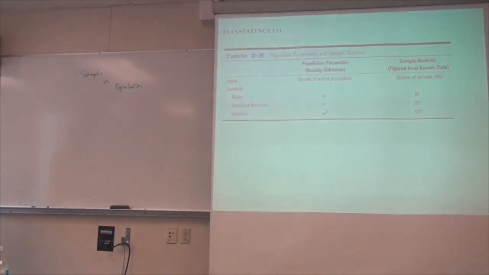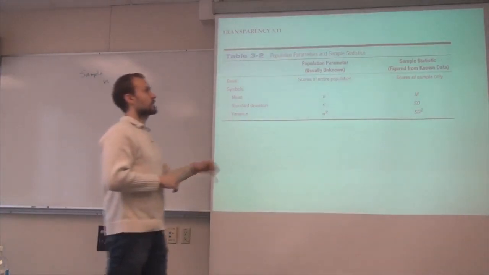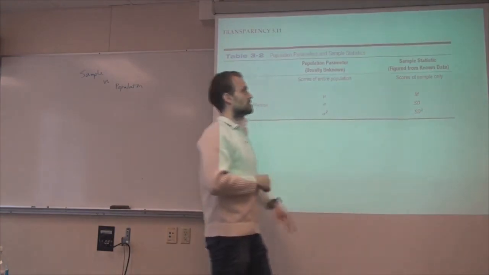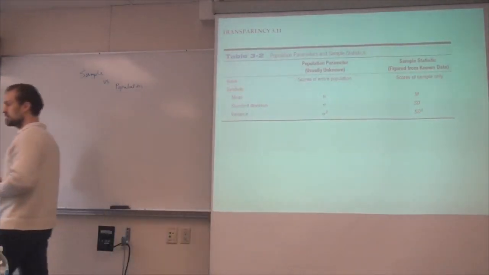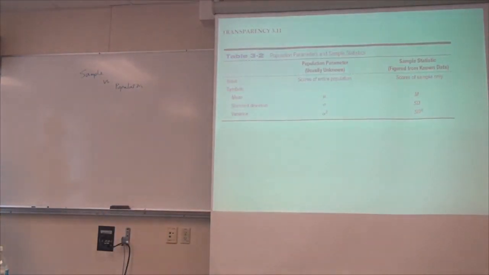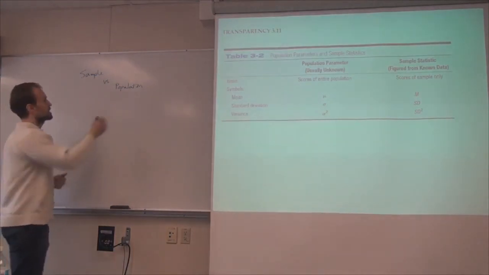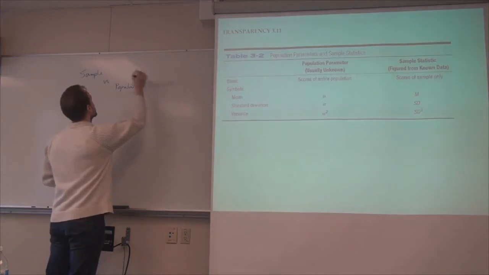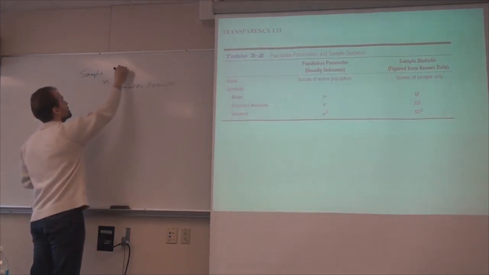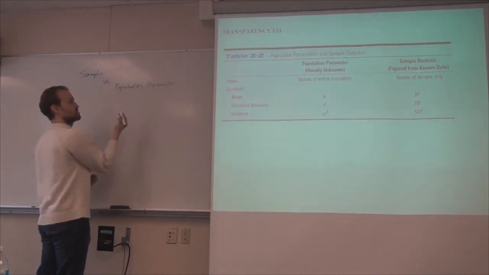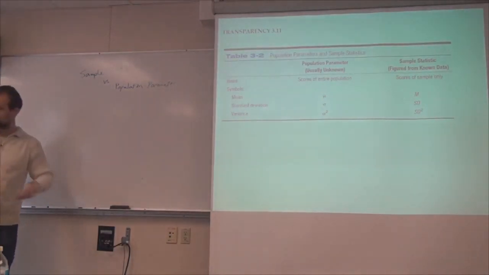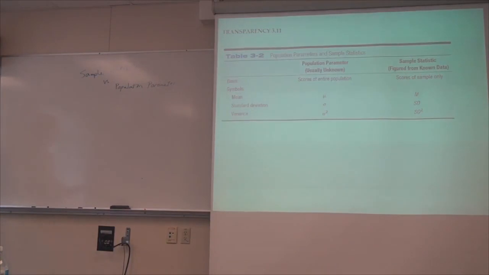So we use the word parameter for the population, and the word statistic for my sample. Population parameter versus sample statistic. Why is this blue lighter than the other blue? I don't know. Okay, so just some terminology.